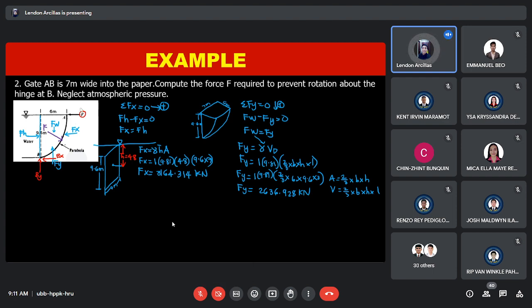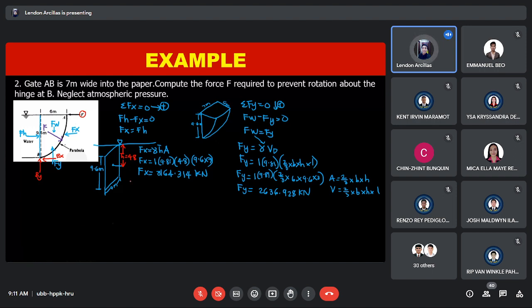So, since meron value na tayo ng F of X and F of Y, ang aalamin na lang natin yung location nila both. Okay? So, since ang F of X, we analyze it using the rectangular or the vertically submerged object.